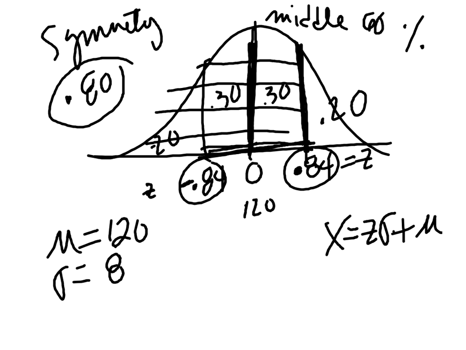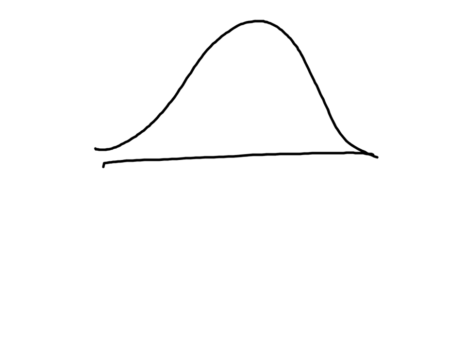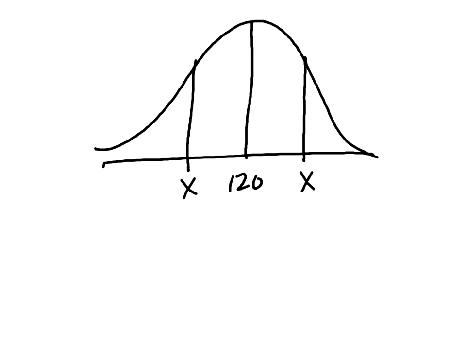Well, let's see. We've got our z-values, we've got our standard deviation of 8, and we've got our mean of 120. I'll summarize again what we're looking for on the top of the next page. We'll do it in terms of values now. Each one of these is equal to 30%.